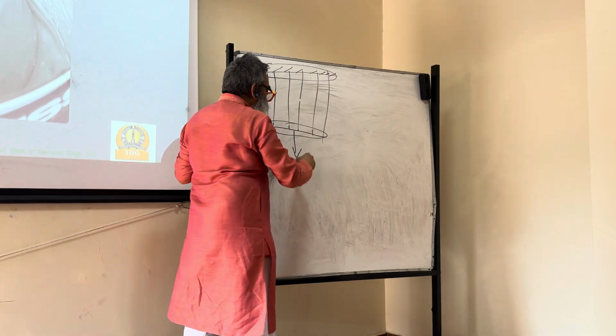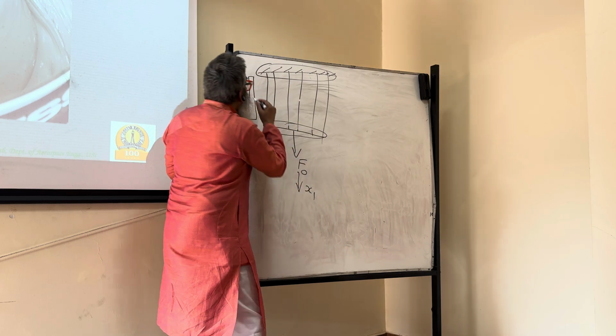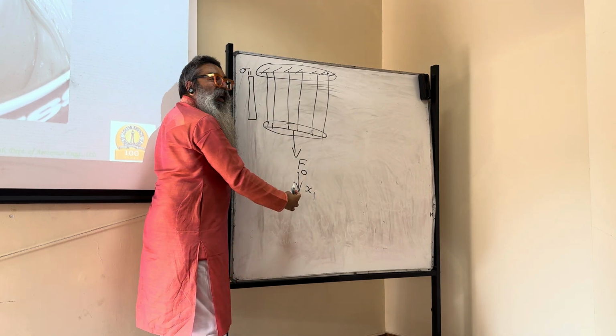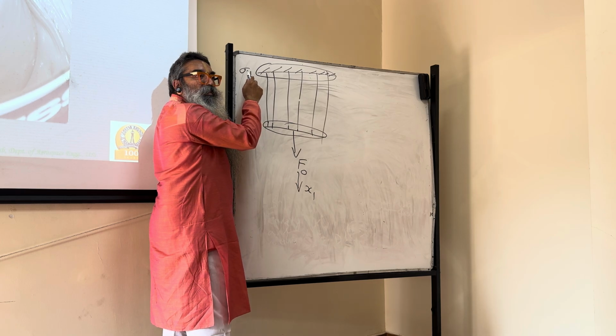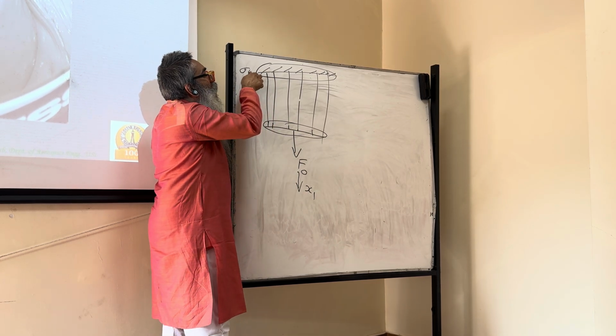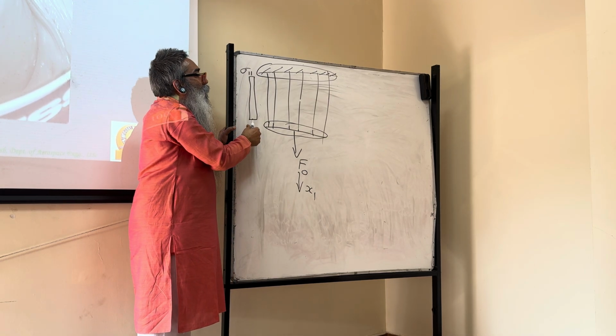If I want to introduce a coordinate system x1 along this, the stress that I'm plotting is sigma 1, 1, because it's on the 1 phase in the 1 direction. Therefore the first index is 1 because that's the phase, and the second is the direction of the load, which is also 1. So it's sigma 1, 1. So sigma 1, 1 will be constant in each one of them, right?